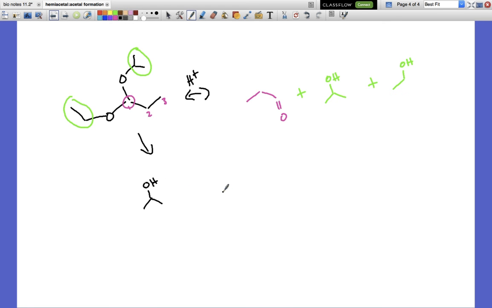Again, that hemiacetal still has my 1, 2, 3 carbons, including my carbonyl carbon. Again, I'm kind of drawing this from scratch, so it looks kind of weird. But then I'm still also going to have this oxygen and these 2 carbons, whereas up here I now have a hydroxyl group because all I took out was my isopropyl alcohol to begin with.